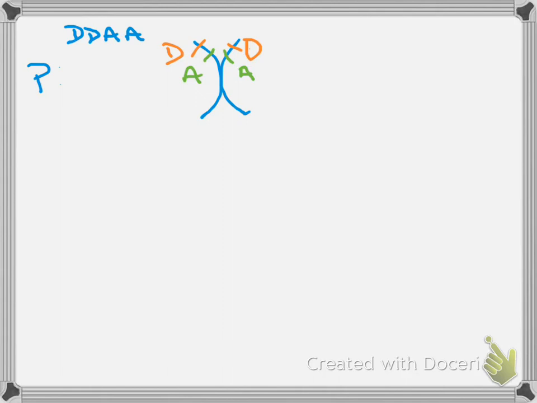The other parent is little d, little d, little a, little a, and they're going to donate a chromosome as well.